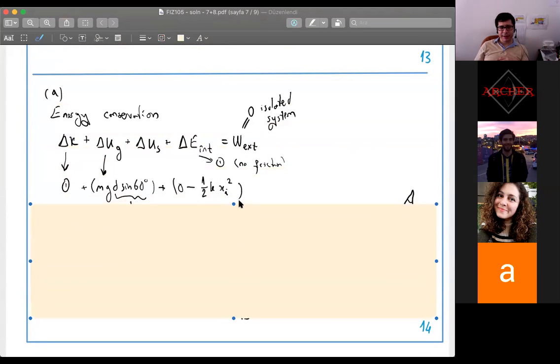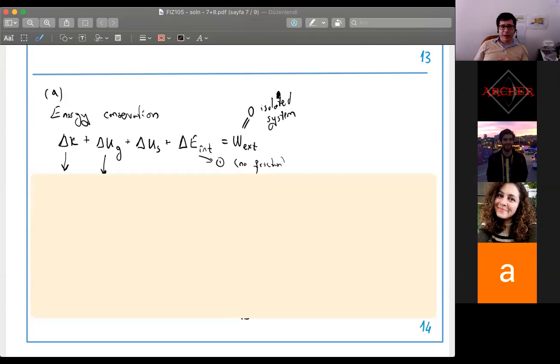So here it is, the energy equation. This is an isolated system. There is nothing external, no external forces. So changes in the energies must be zero. No energy enters this system boundaries.